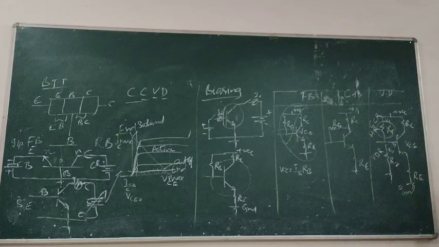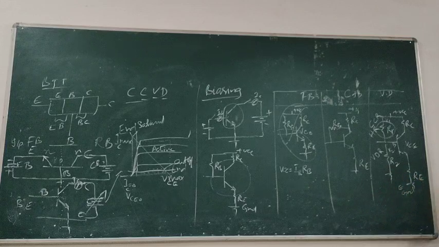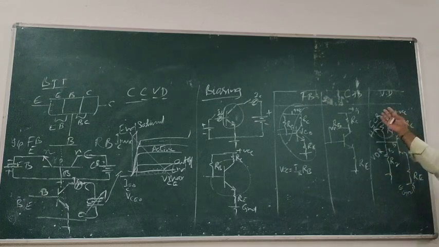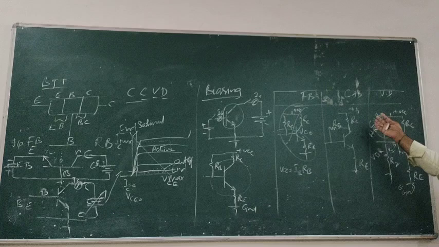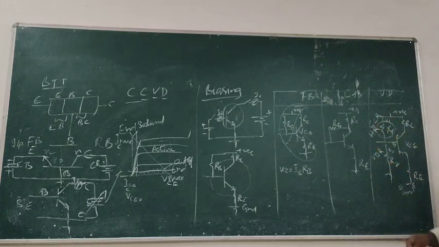There are no such differences. Or you may change this R2 resistor, and there also it does not make that much difference. That's why it is called universal voltage divider bias, or voltage divider bias, or potential divider bias.